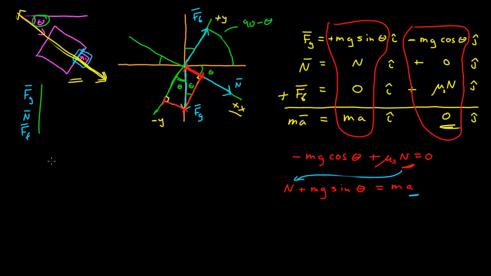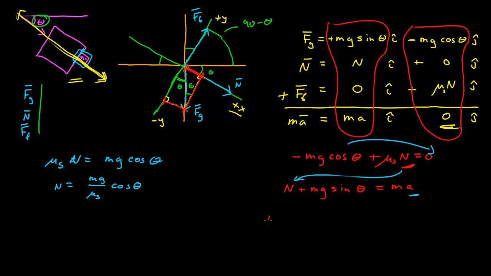All right, so I've solved for n. I have mu sub s n is equal to positive mg cos theta. I bring this term on the other side, and so n is equal to mg over mu sub s cos theta. All right, so I can substitute that in.